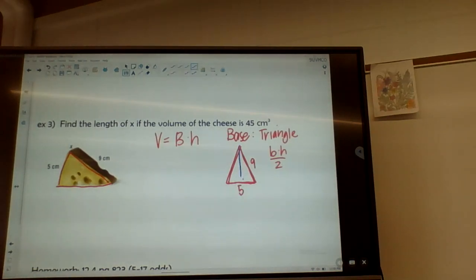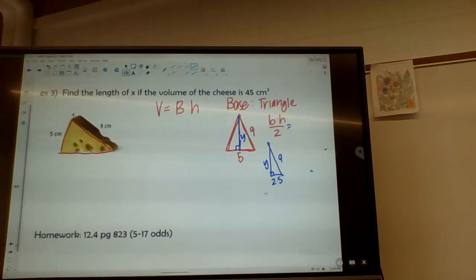So down the middle here, I'm going to draw this. Base times height divided by 2, I have to figure this out. I should probably not use x though, because that's what we're looking for. So I'm going to call it y, because this is not going to be our answer. So I need to do the Pythagorean theorem. And the 2.5 comes from the fact that we're cutting this isosceles triangle in half.